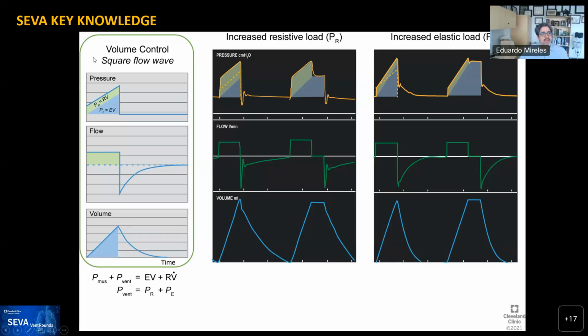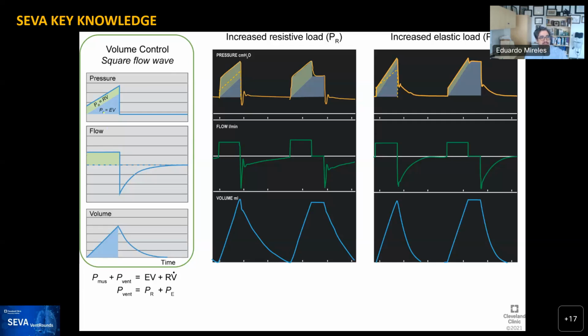And to highlight that, again, here you have the flow being controlled by the machine. And you can see two waveforms, one overlapped on top of the other. The one with the dashed lines would be what would happen in the baseline situation. And then we increase the resistance, and you can see the difference in pressure, or how this raised.